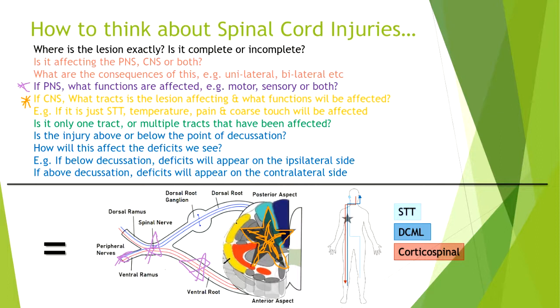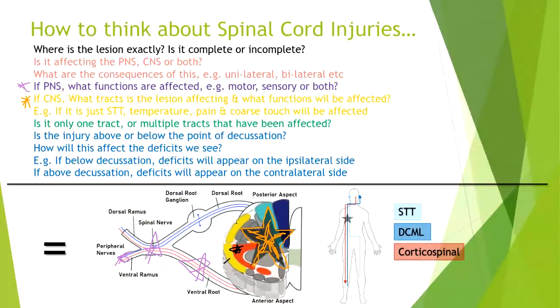So let's have a look at a different one. If I've got a little black star, and that's terribly drawn, but if that little black star is only touching that red spinothalamic tract, then the only things we're going to be losing are temperature, pain, and coarse touch.